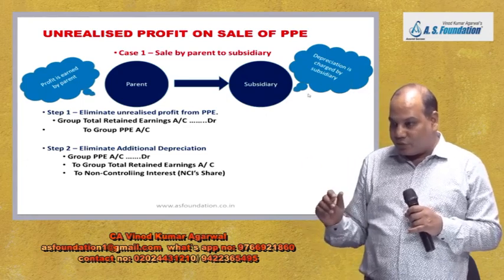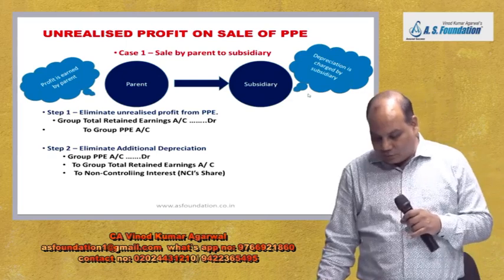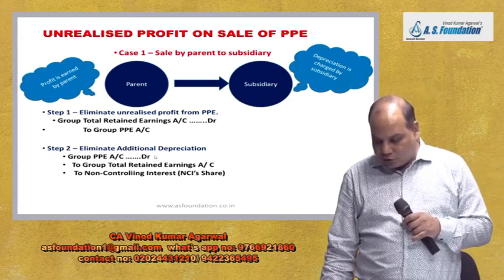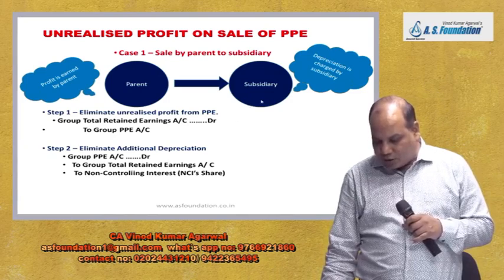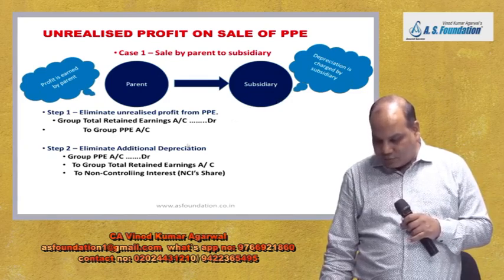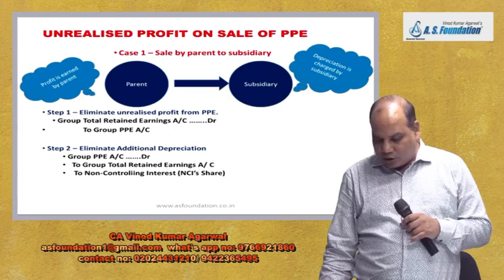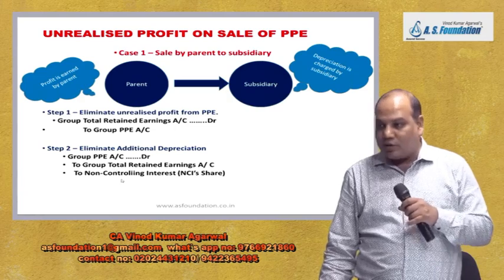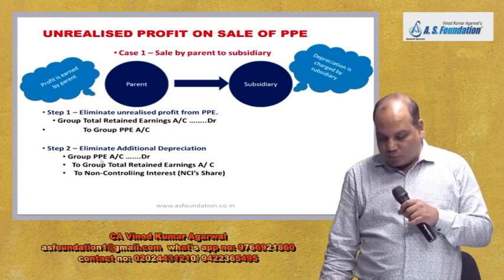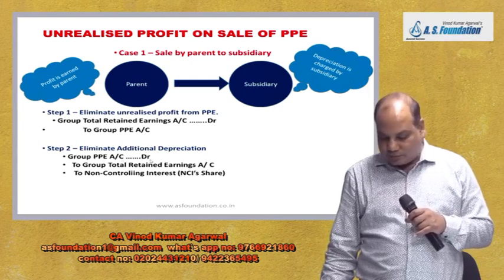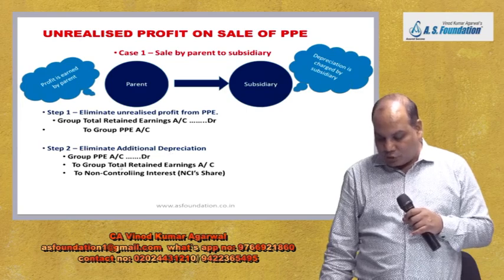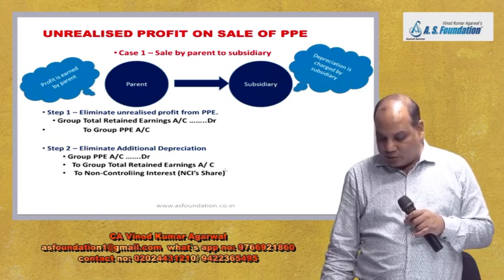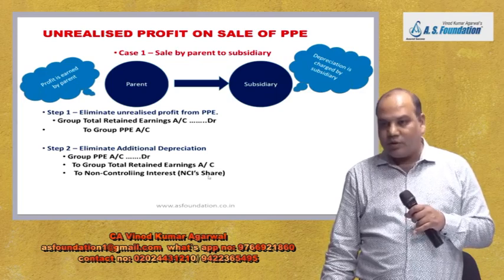Two parties, the parent and NCI. So while solving the problem, be careful: if the subsidiary has passed depreciation, then it will be allocated between parent and NCI. So group PPE account debit for that additional depreciation charged, to group total retained earnings, parent share, and to NCI share.